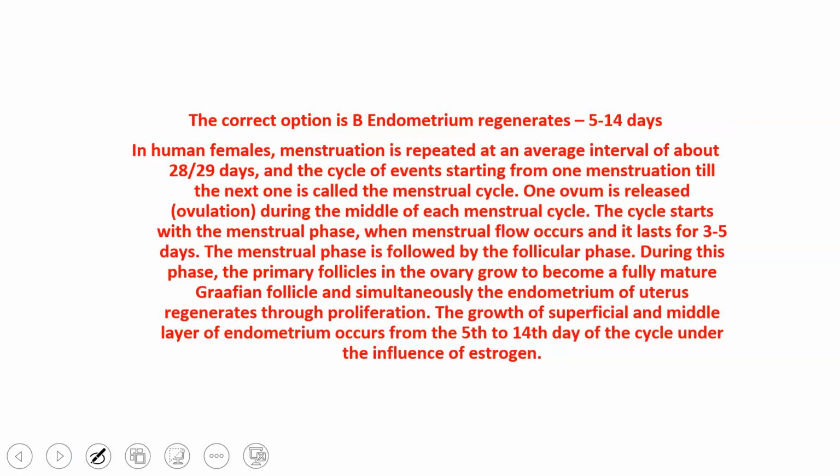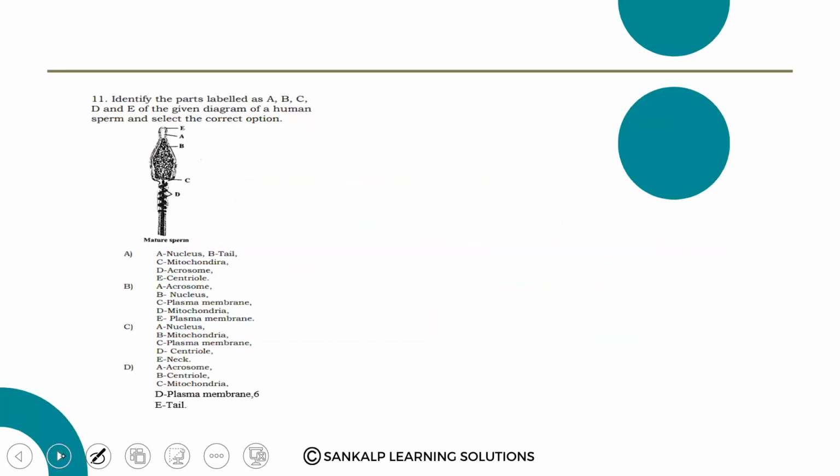The cycle starts with the menstrual phase, which lasts 3 to 5 days. During this phase, primary follicles in the ovary grow and become fully mature. The Graafian follicle will mature and then release the ovum. So the growth of the superficial and middle layer of endometrium occurs from the 5th to 14th day. So option B is the right answer. Next.